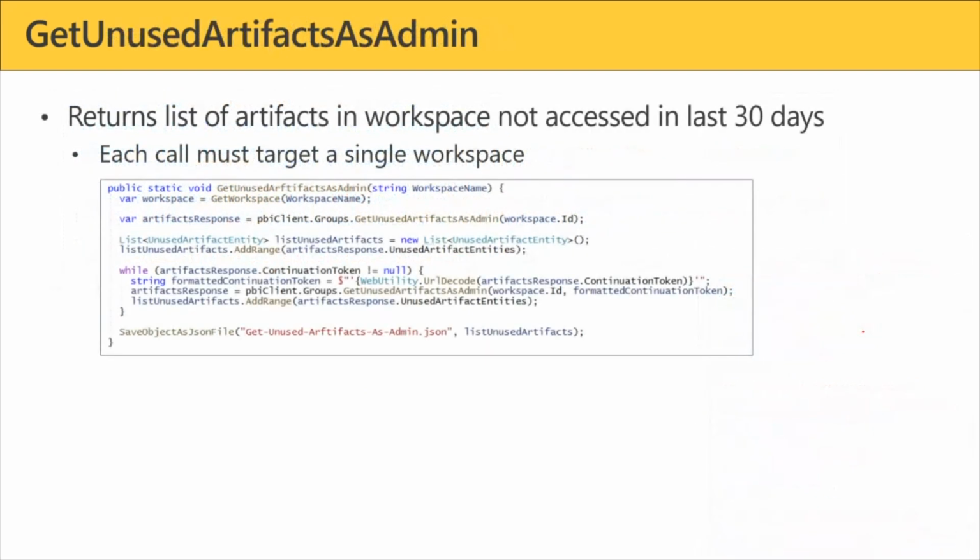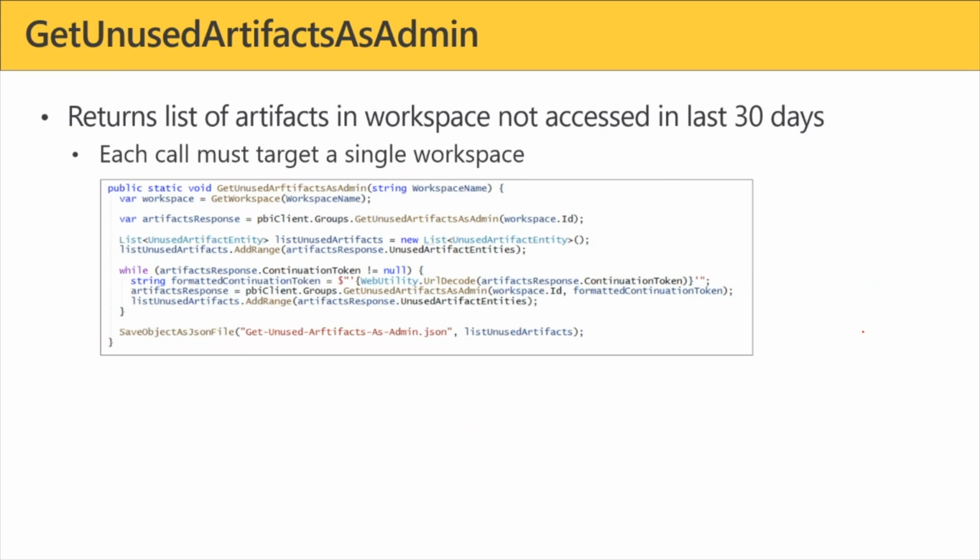Now, a couple other things we're going to look at right here: what if you want to look at a workspace that's got 200 different reports, and you want to figure out what's the junk we threw in here that no one's used? So get unused artifacts as admin is going to return a list of all the artifacts in a workspace.